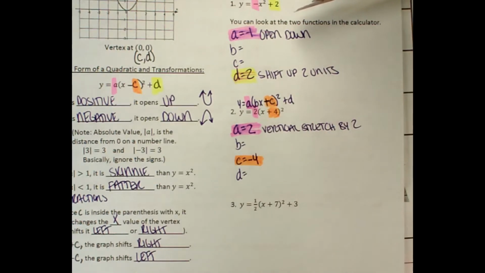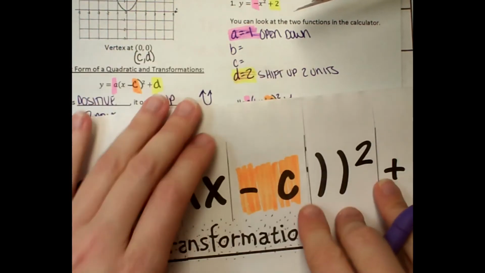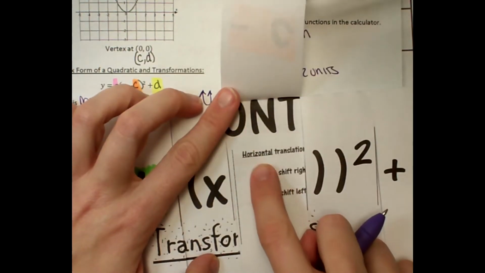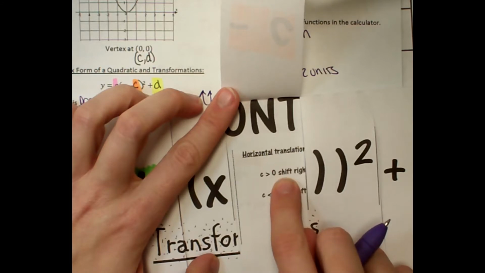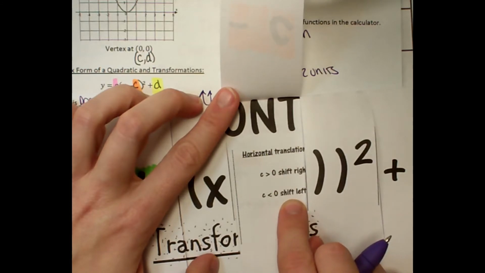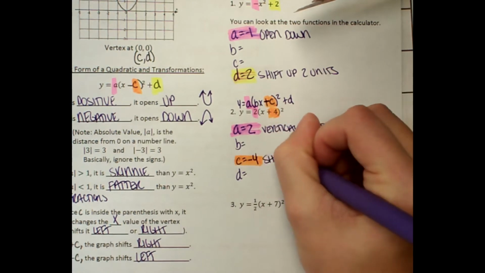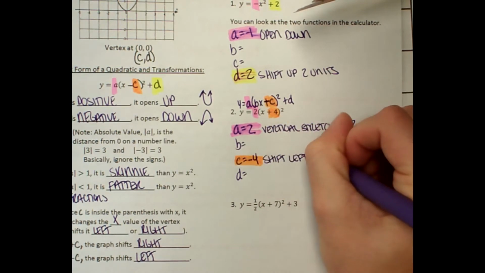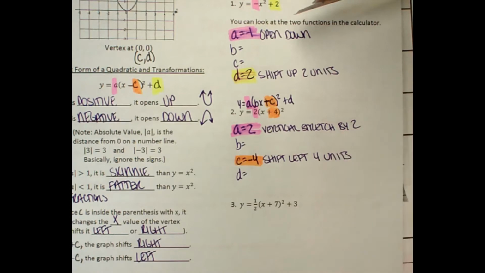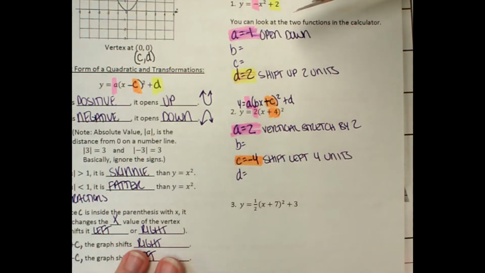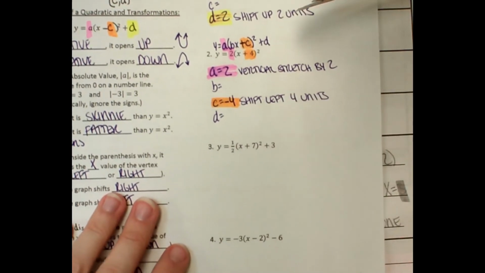And then for our C, since it's a -4, if it's a horizontal translation, so if it's less than 0, it's a shift left. So shift left 4 units. So let's go ahead and do 1 or 2 more.